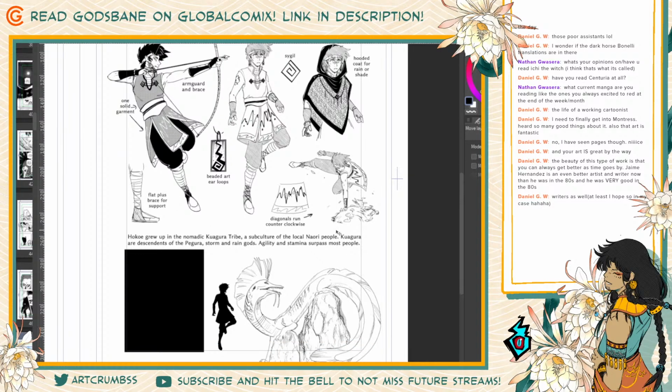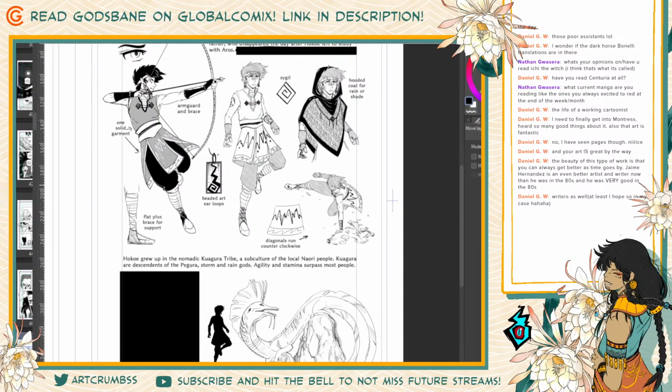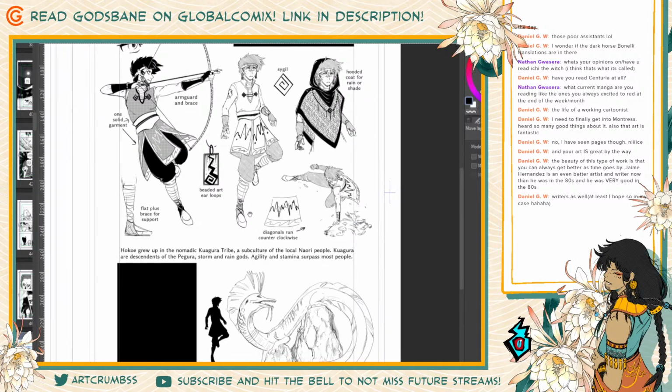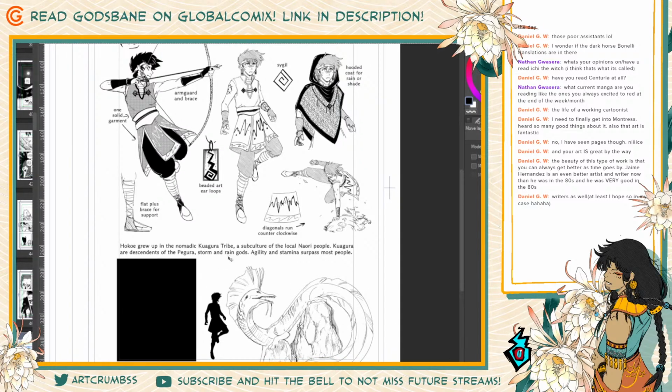There's a reason for that, which now, sadly, I won't get to do with this, but that's okay. He's descended from a line of these creatures, but he is not one himself. They're just like his ancestors and stuff.